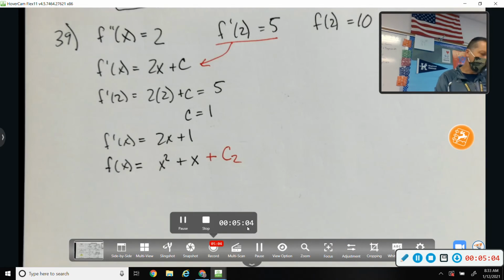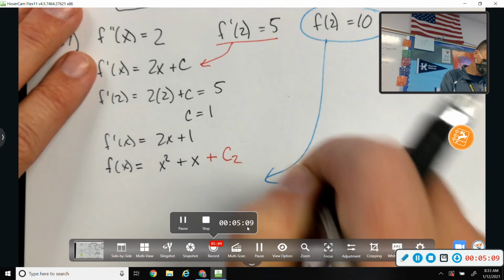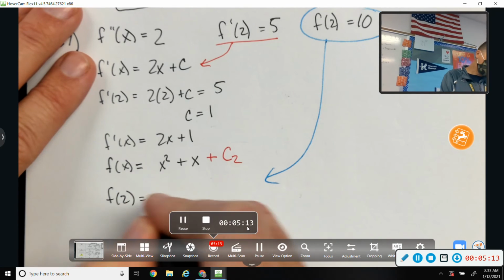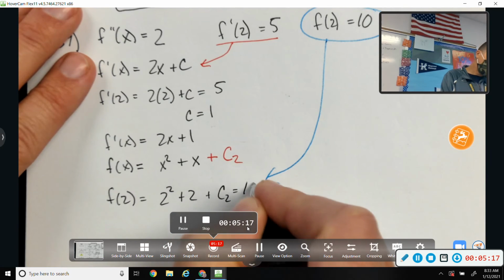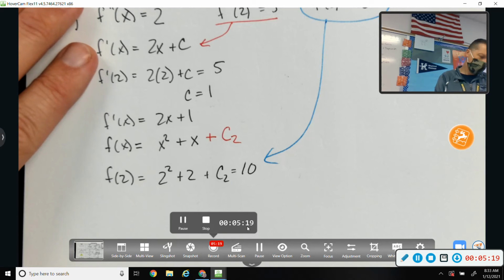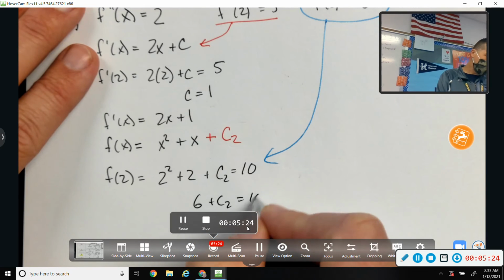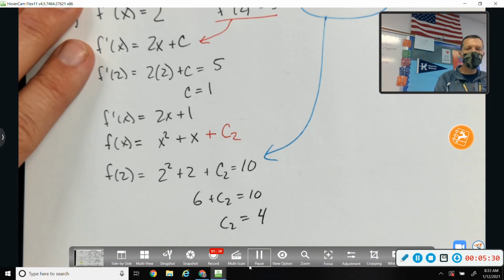And then now we can use f of 2. F of 2 would be 2 squared plus 2 plus c2 equals 10. So 4 plus 2 is 6. So c2 is 4.